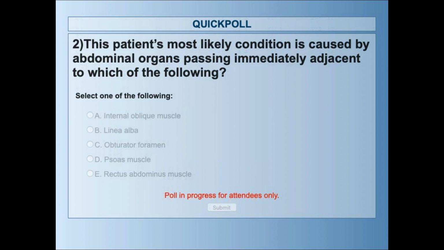All right, a couple more seconds here to get in those final answers. All right, we're getting there. Let's take a look and see what all of you selected.